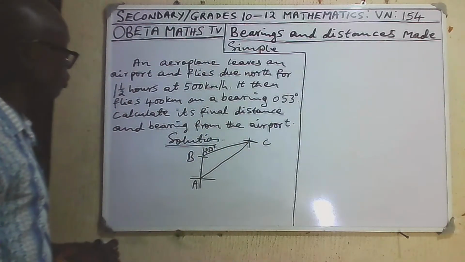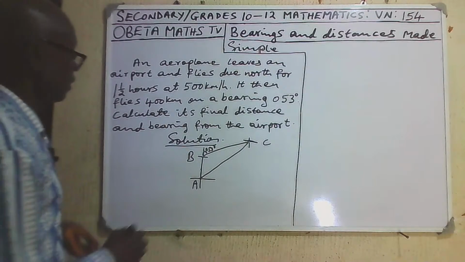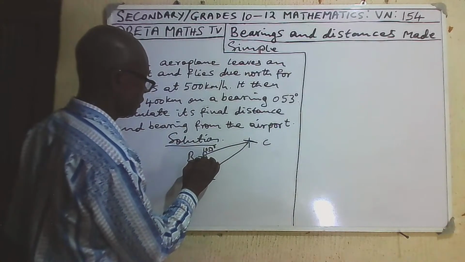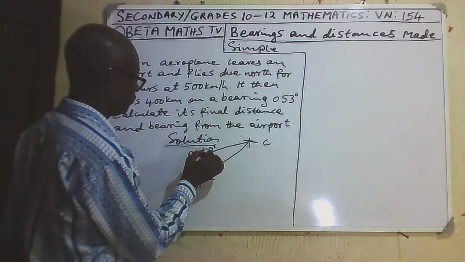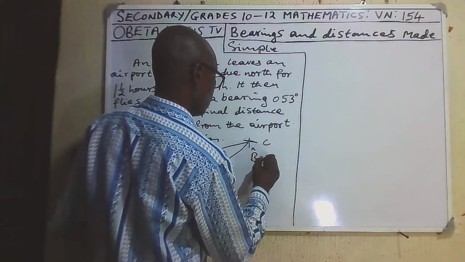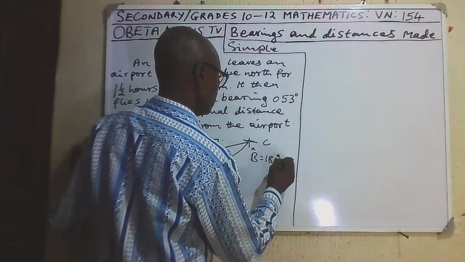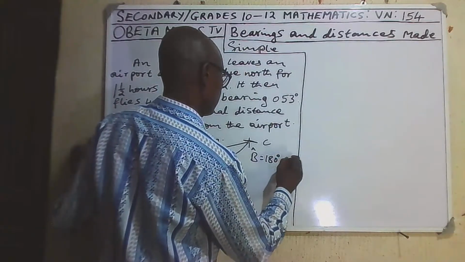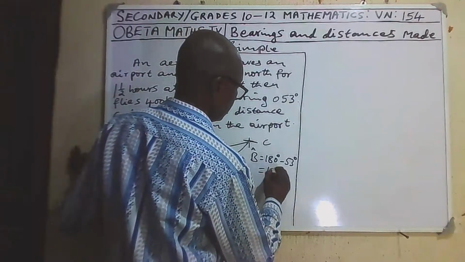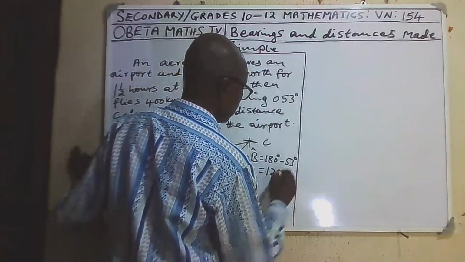So for us to know the whole of angle B, remember the whole angle here is 180, but this is 53. So angle B should be equal to 180 degrees minus 53 degrees, and that will give us 127 degrees.